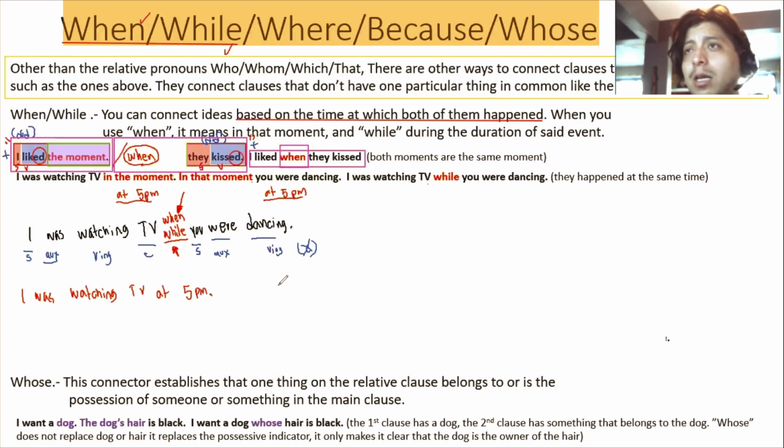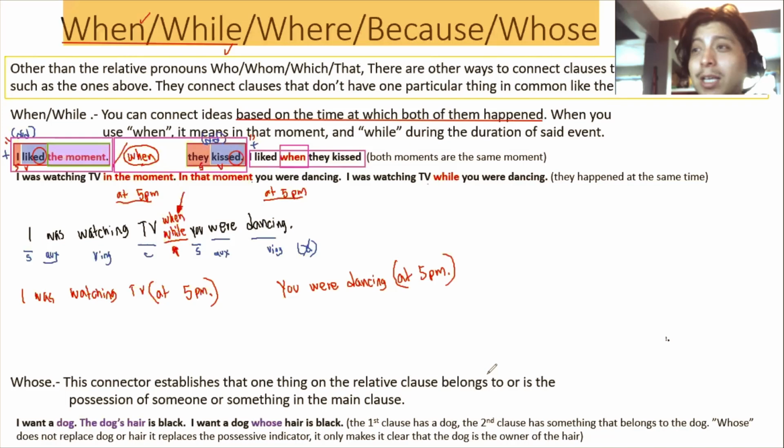Y a lo mejor la otra es you were dancing at 5 p.m. Aquí es muy sencillo saber que pasaron al mismo tiempo, pero este complemento siempre es opcional, entonces a lo mejor no lo dije.